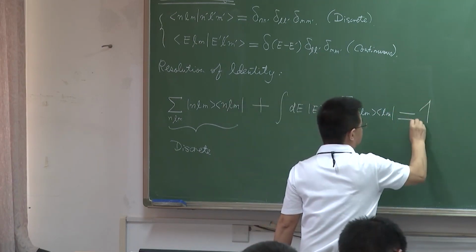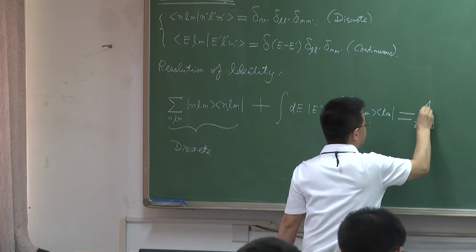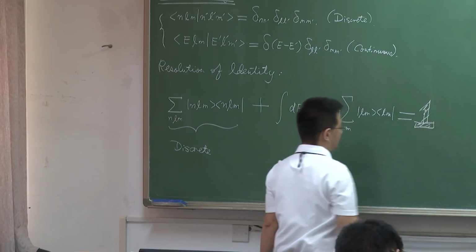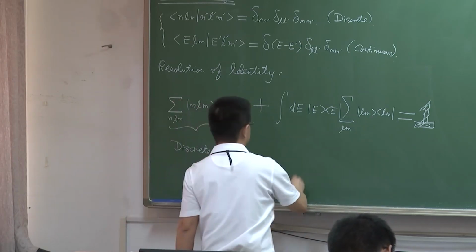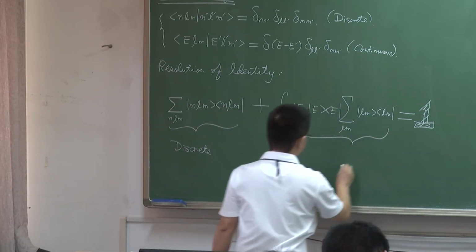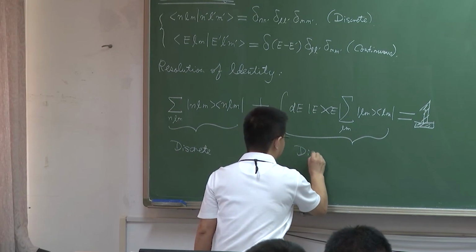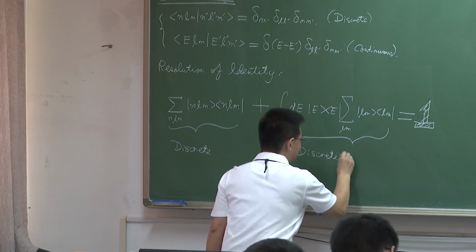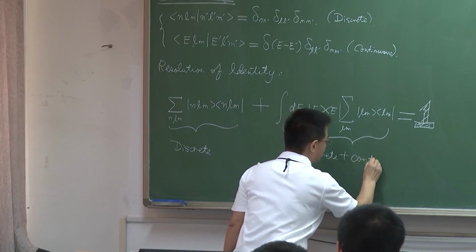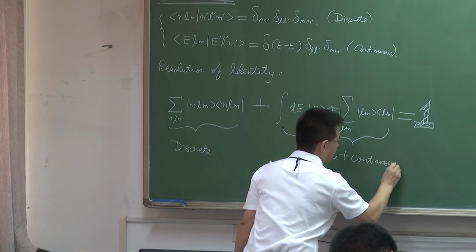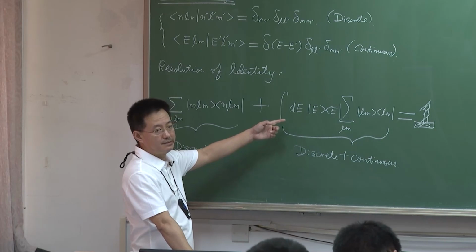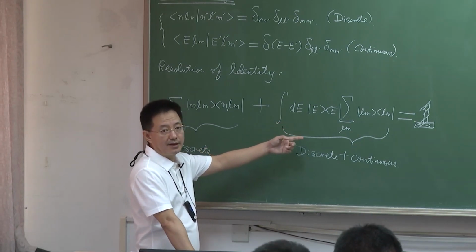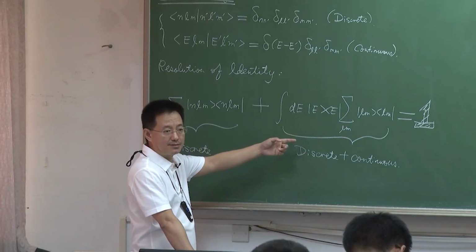And altogether you have the identity. So this relation is discrete plus continuous. Because for the energy, it is continuous, but for the angular momentum, it is not.